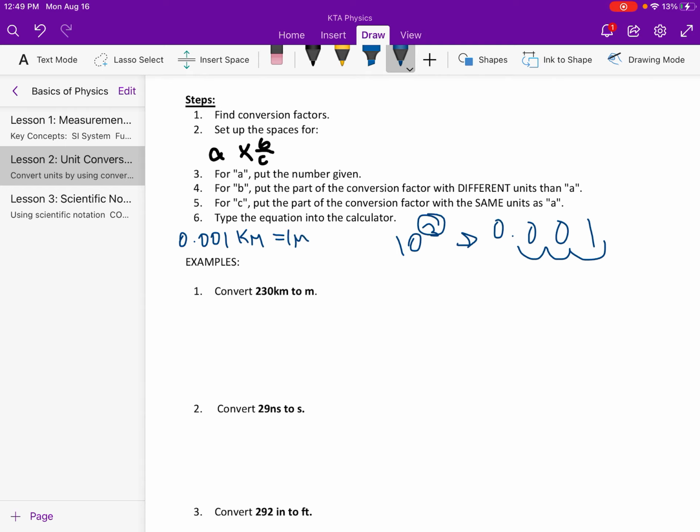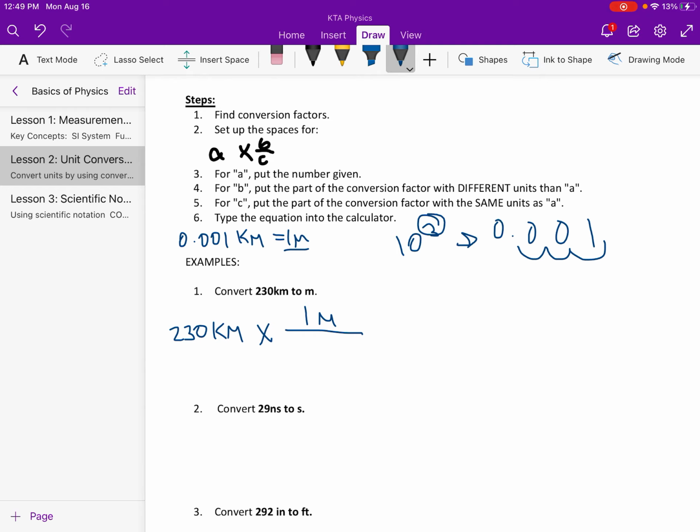So now we know the conversion factor that we need, and we can use it right here. A is the number given, so that would be 230 kilometers. You still want units. Then times the fraction. B is the part with a different unit than A, so that would be 1 meter.